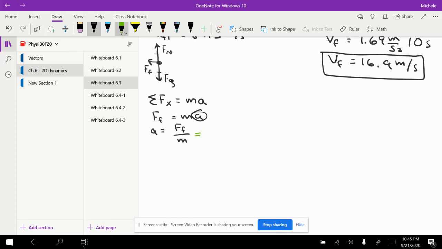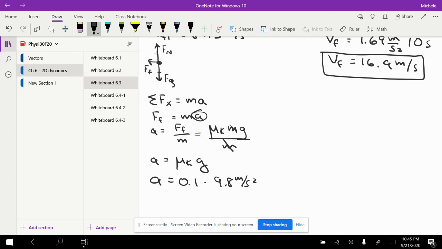This is going to equal mu k times mg over m. So a is equal to, cross my m's out, and I get mu k times g. So a is equal to 0.1 times 9.8 meters per second squared. So a is going to equal 0.98 meters per second squared.